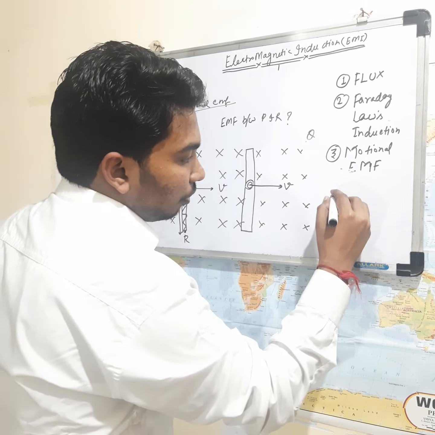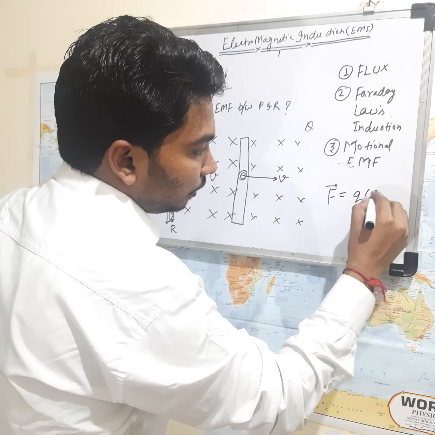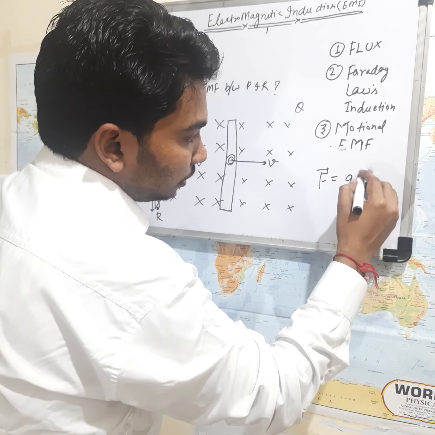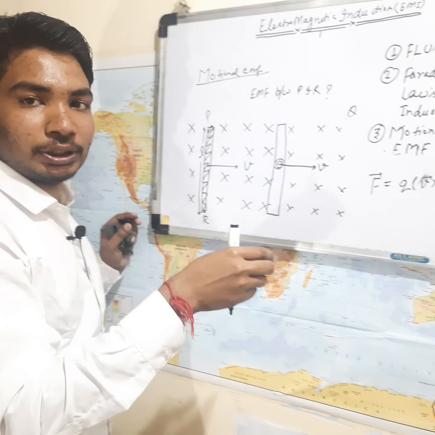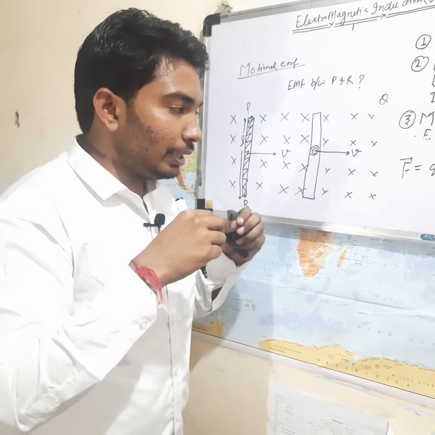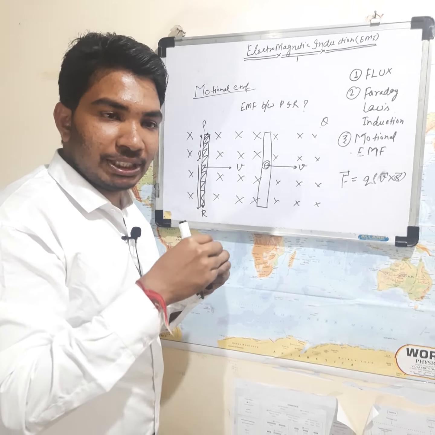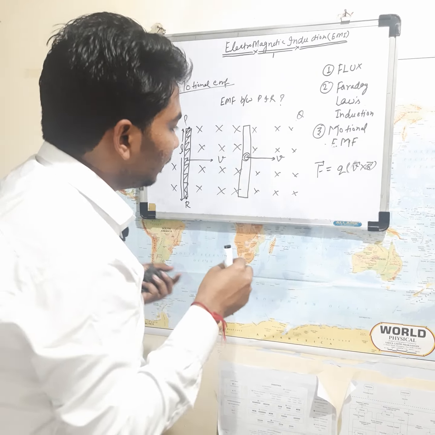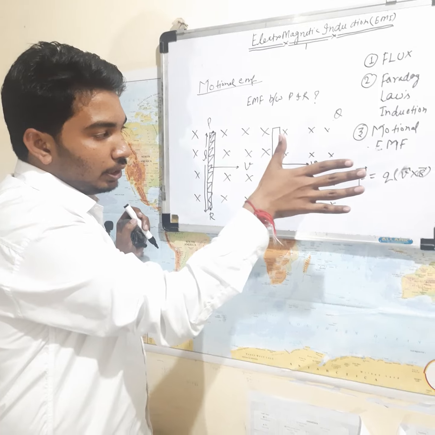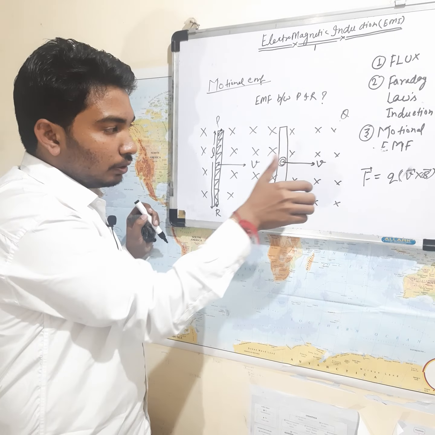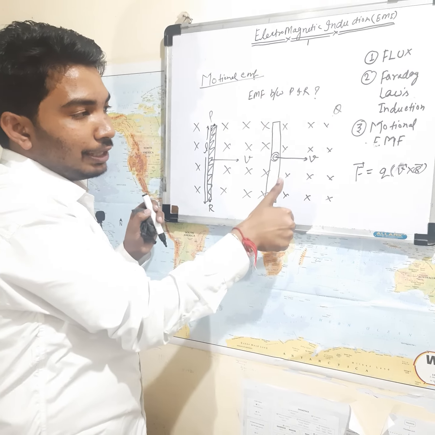The Lorentz force F is equal to Q into V cross B. That is the formula for calculating the force on any charge moving in a magnetic field. So applying V cross B, the direction of the force will be upward.